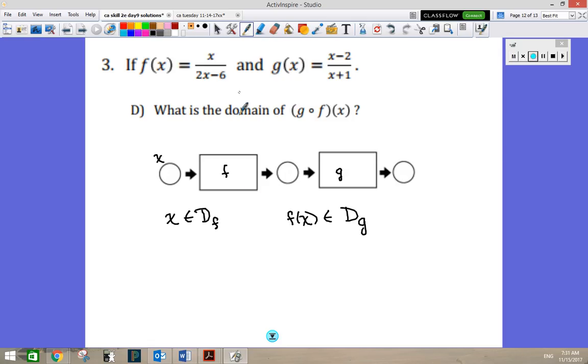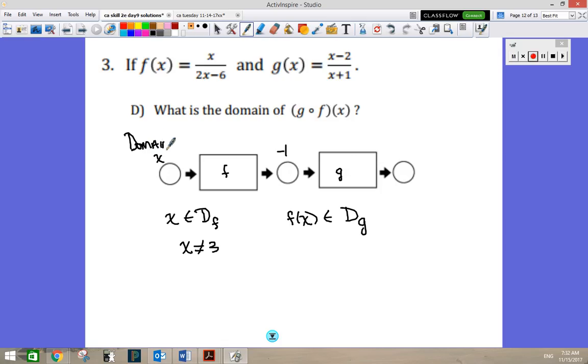Well, we said that for f, the domain was that x can't be 3. So we know that we're going to exclude that. Now, g can't take the number -1. It just can't stand it, but we don't throw out the number -1 from the domain. We have to figure out what x produced this -1 and then throw the x out, because this is where the domain is.